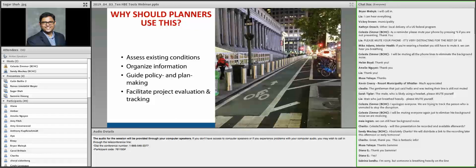So this is a tool that people can use to evaluate and track progress. A planner can assess the existing condition, form a policy to address that particular condition if it's negatively impacting health, and then 5 or 10 years down the line use the same tool to evaluate it, to see the effect of policy making.